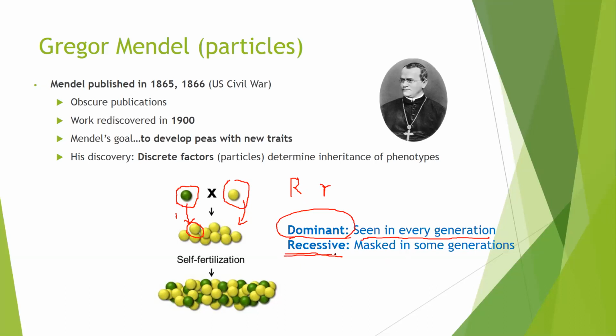But for the recessive phenotype, the reason we call it recessive is that in some generations, these phenotypes may be masked. So this is a different theory, the particle theory, compared to the fluid, blending theory.